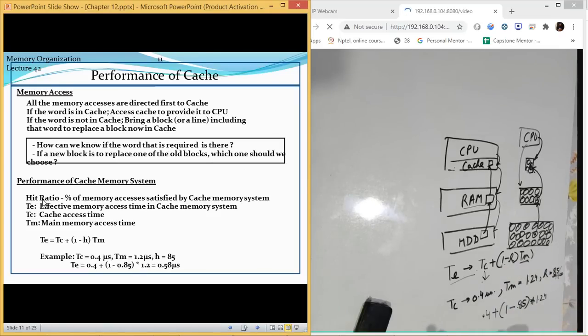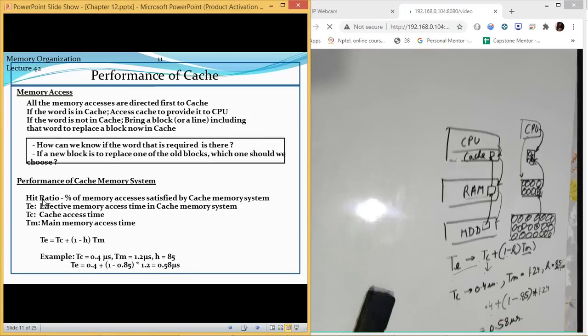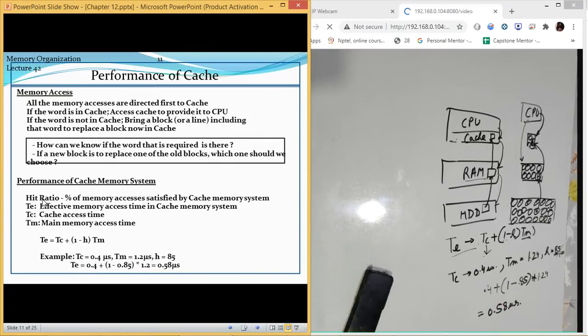So this is the total effective time to find the data inside a cache memory system. So this is how we calculate it. This is the method to calculate the performance of the memory system which you are setting up.